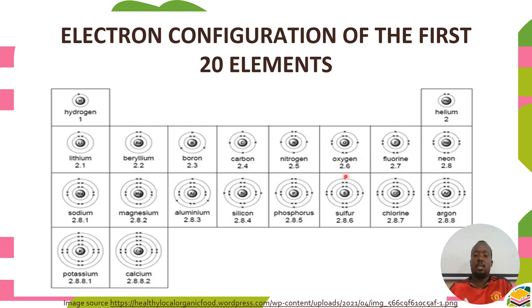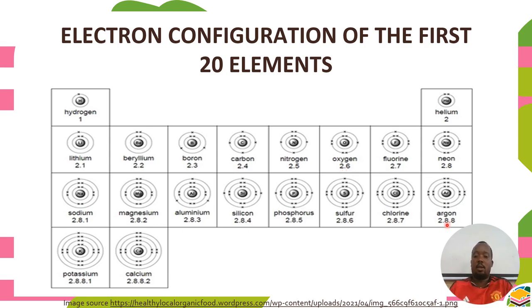That is why for oxygen it has 2, 6. 2 electrons in the first shell, 6 electrons in the second shell. So in total, 8 electrons. What about number of shells? How many are they? Yes, 2. There are 2.